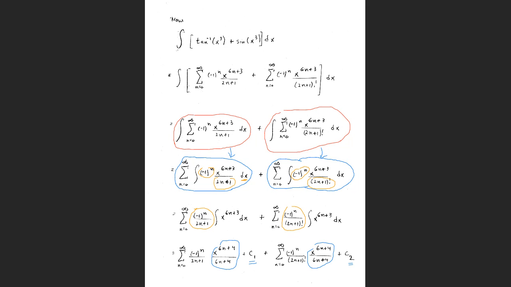So you're taking the sum of a bunch of indefinite integrals, right? And every indefinite integral has a constant, but you can combine all those constants so you get just one constant, and that's the constant C1, and then for the other summation, constant C2.